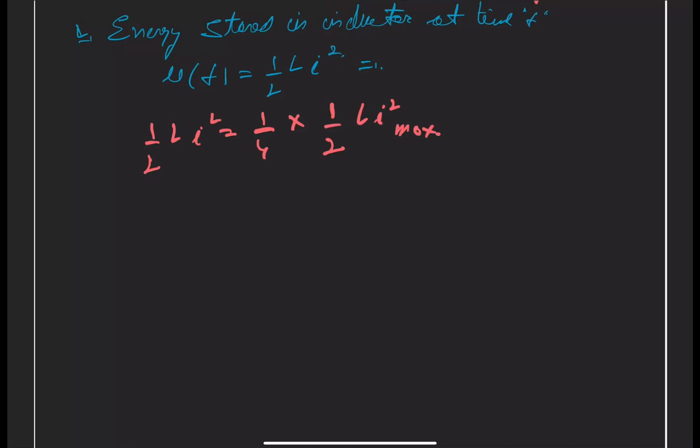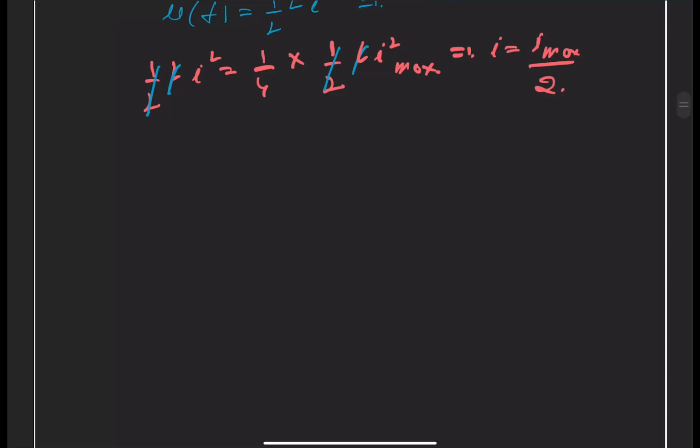And this half L and half L cancel out. So from here we can find out that our I will be equal to I max divided by 2. We already know I max, so we get I will be equal to 5/2, which comes as 2.5 amperes.